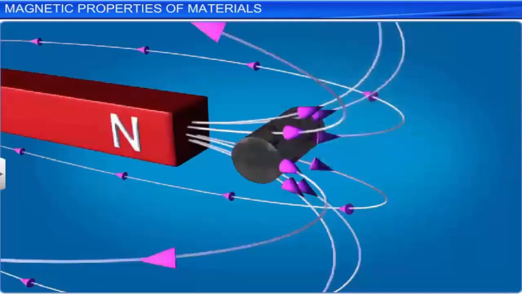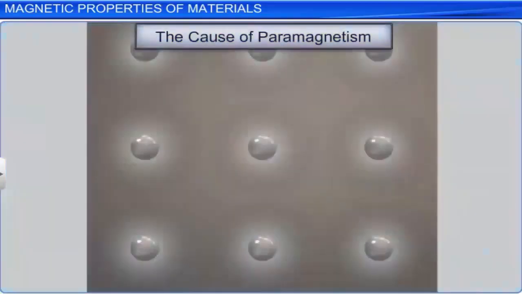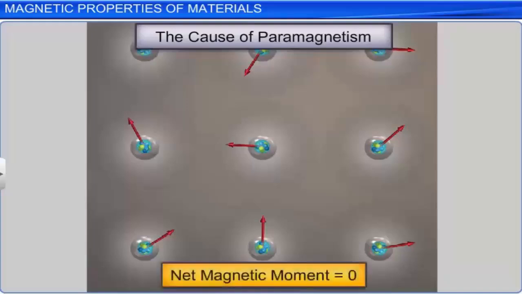Now let us discuss the causes of paramagnetism. In the case of paramagnetic material, individual atoms possess a permanent magnetic dipole moment due to the orbiting electrons in the atom. But, due to random thermal motion of the atoms, the net magnetic moment of the material is zero.